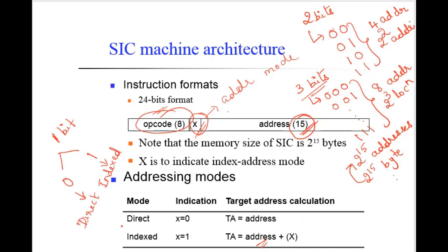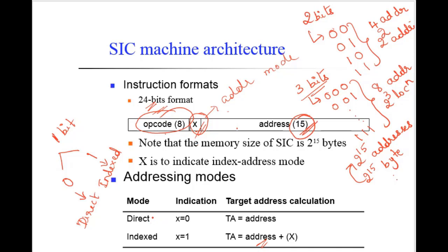Let me summarize. For the instruction format, all instructions are of equal length, 24 bits. We have 8 bits of opcode, followed by 1 bit which specifies the addressing mode, followed by 15 bits for specifying the address. This 1 bit decides the addressing mode. 1 bit means only 2 possibilities, either 0 or 1. 0 means direct addressing, 1 means indexed addressing.